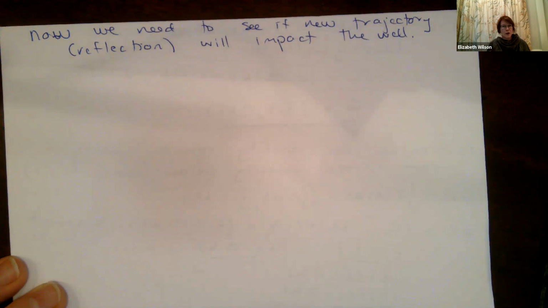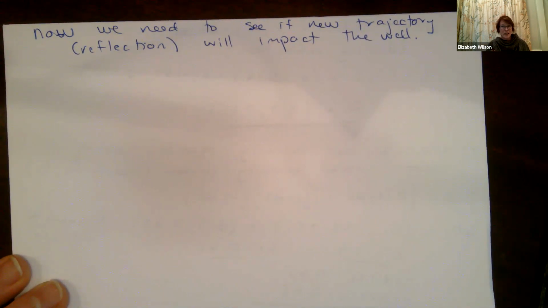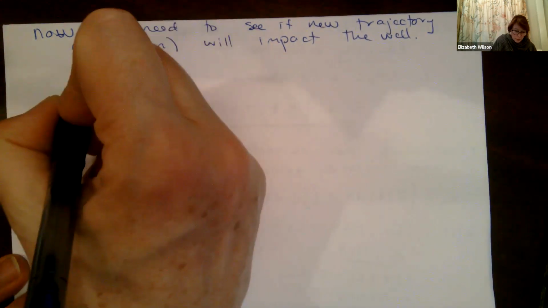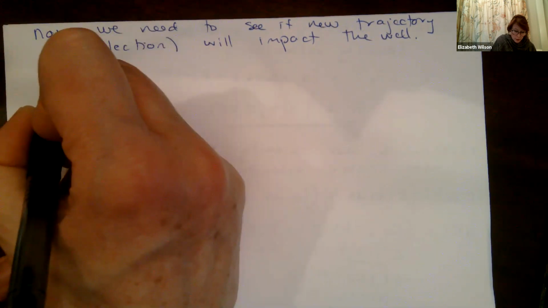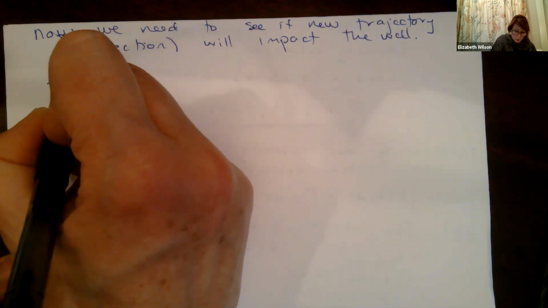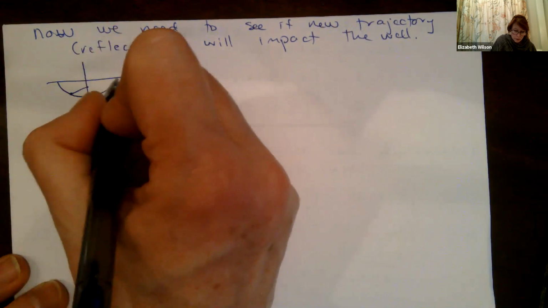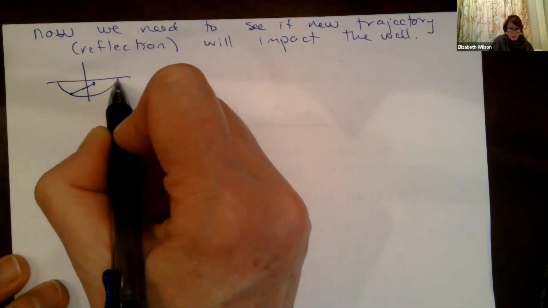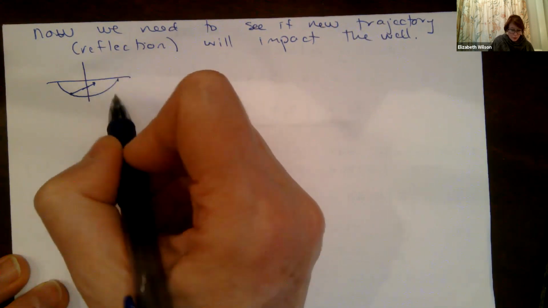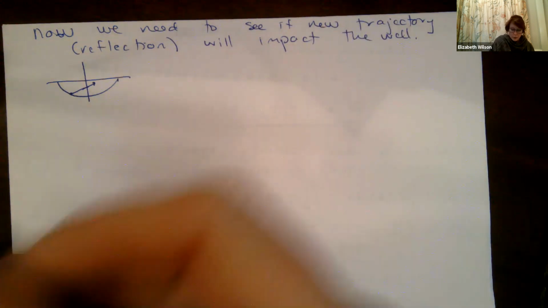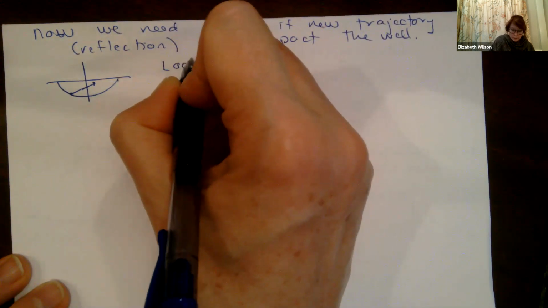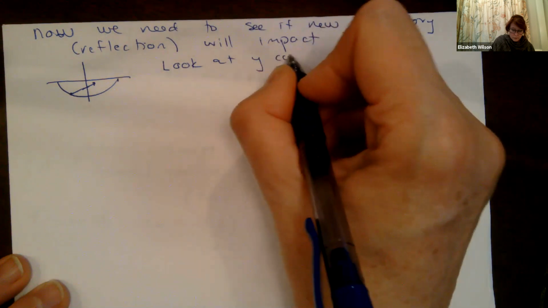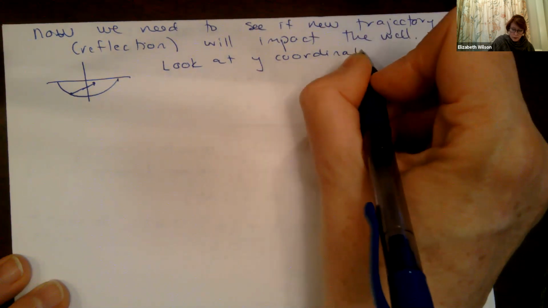So if it hits the well, then it stays in it, right? If it doesn't hit the well, then we've been able to bounce out of it. Okay, so now what we need to do. Remember, we've got our well. We've dropped down and we're bouncing. We're headed this way. So now what we need to do is figure out, are we going to hit the well or not, right? So what I'm going to do is take a look at the y coordinate of our parameter.